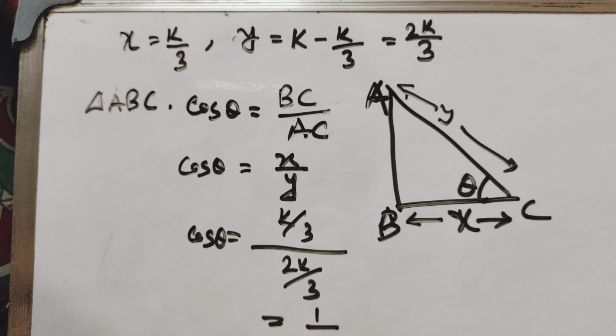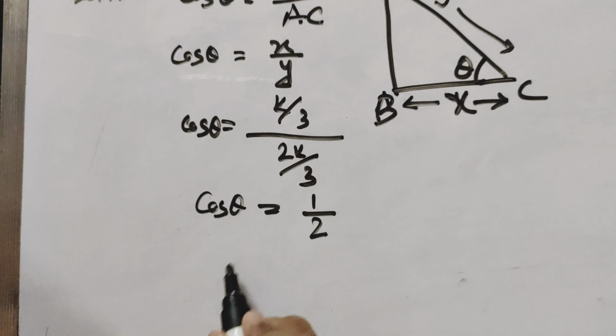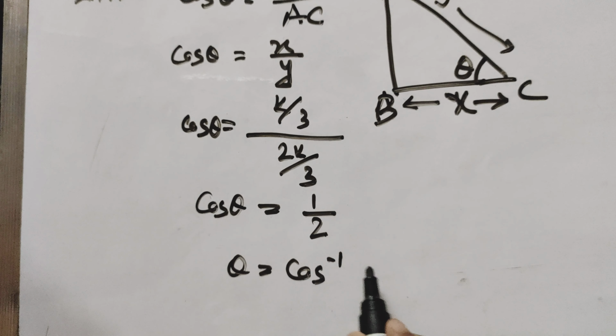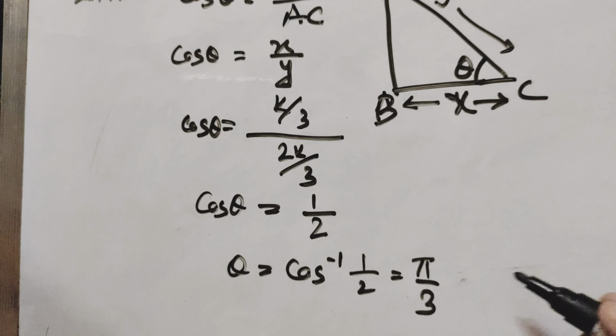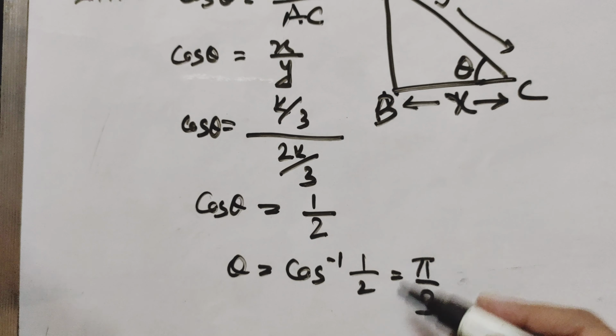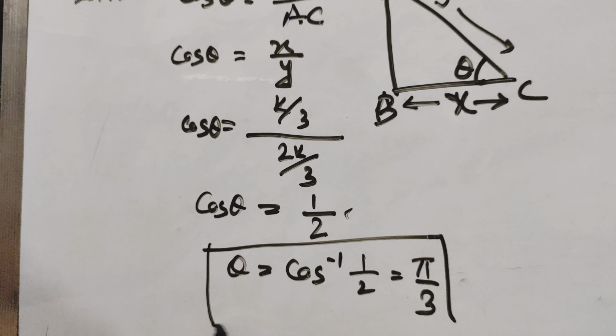That is, finally we get cos theta as half. So theta equals cos inverse half, that is pi by 3, because cos pi by 3 equals half. So finally we get the value of theta, that is pi by 3.